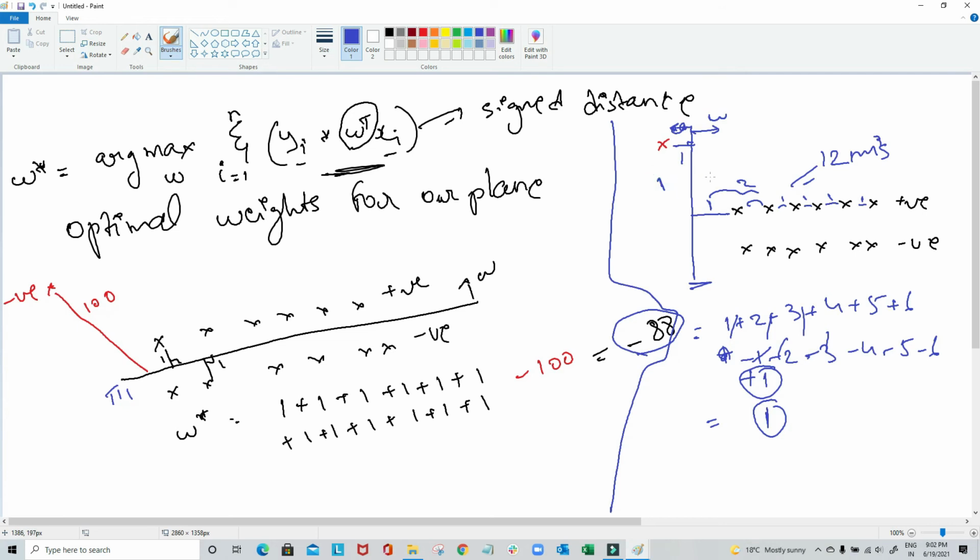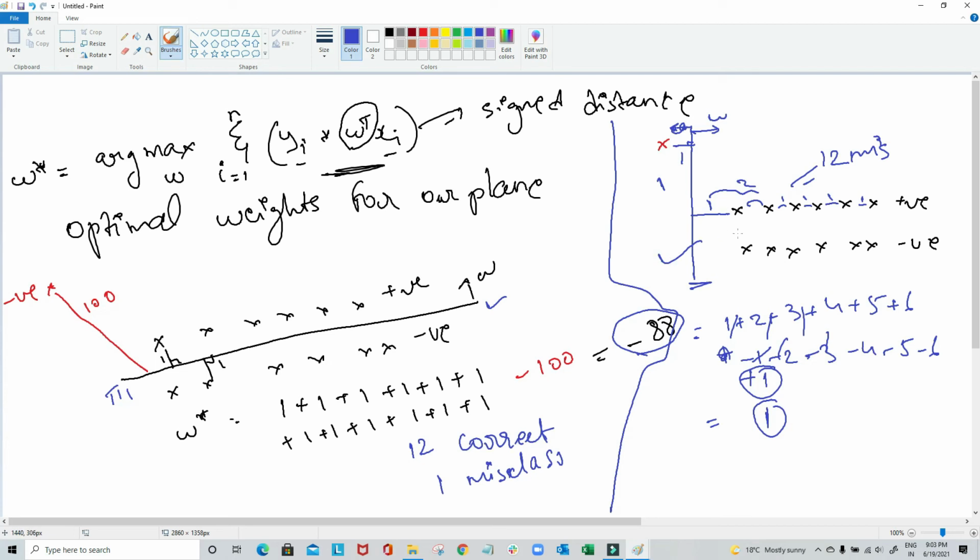So this is not the correct plane. But here we have 12 correct classifications and one misclassification. So we know this is the correct hyperplane. But if we consider only the sign distances, then it suggests this is the correct hyperplane to do the classification.